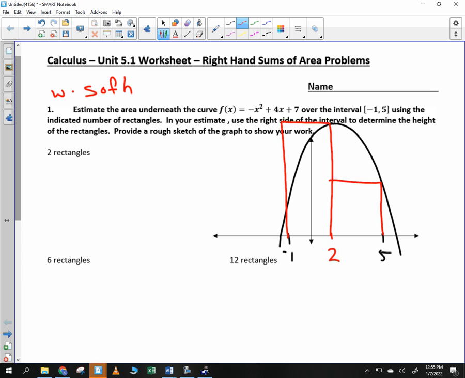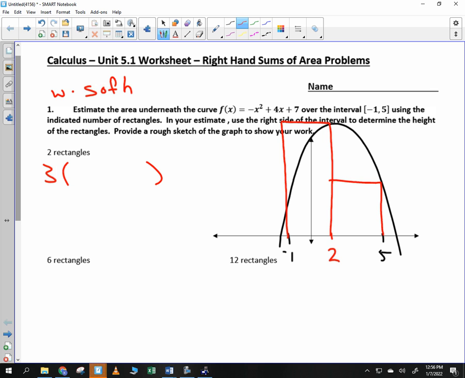So what's the width? 3. How is it that you'll get the heights? You plug in what? You plug in 2 and 5.